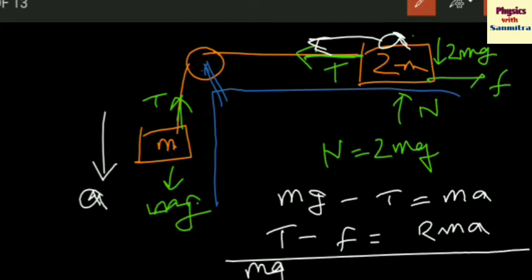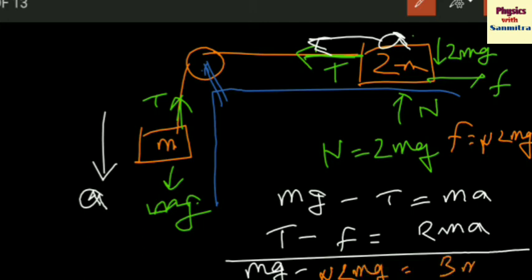Mg minus f, what is f? F is equal to mu into N. So f is mu into 2 mg. So mg minus mu into 2 mg is equal to 3 ma.